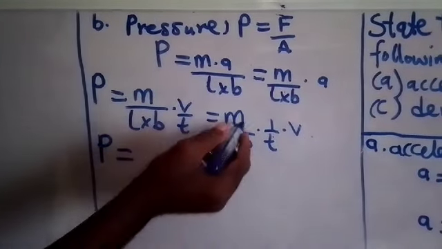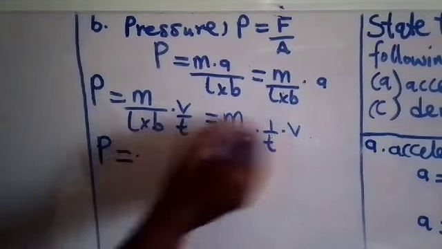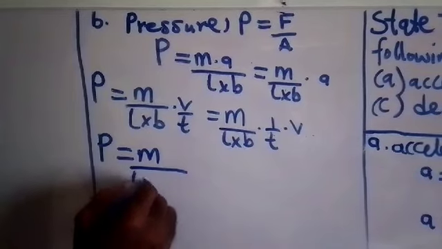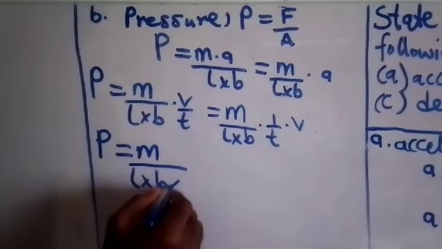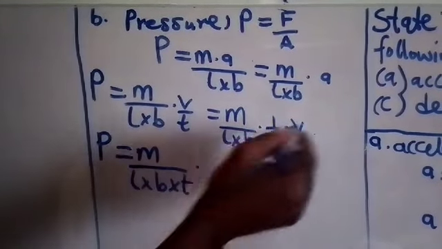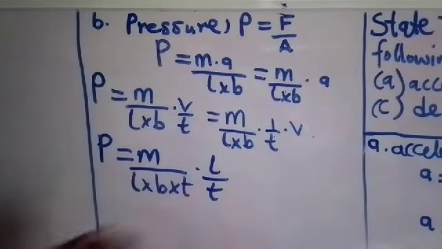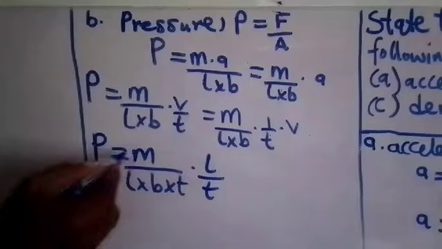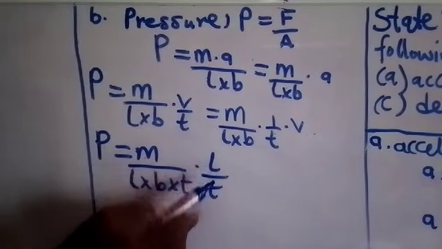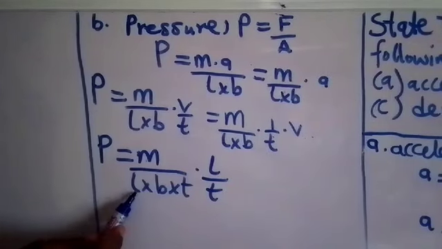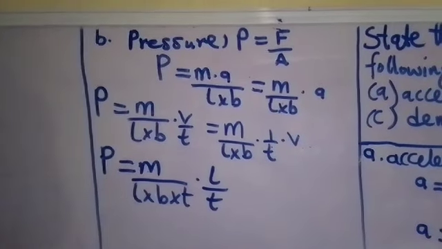If we do that, mass is still m times 1 is m, so we write it here. L times b times t, and velocity is distance over time. When you look in here, mass is basic, L is basic, T is basic, breadth is basic, length, of course, is basic.